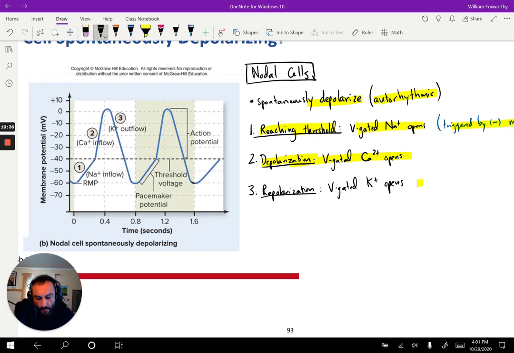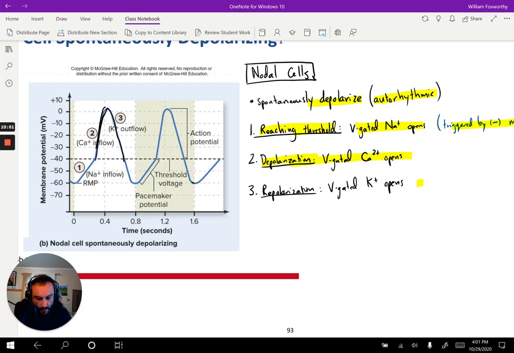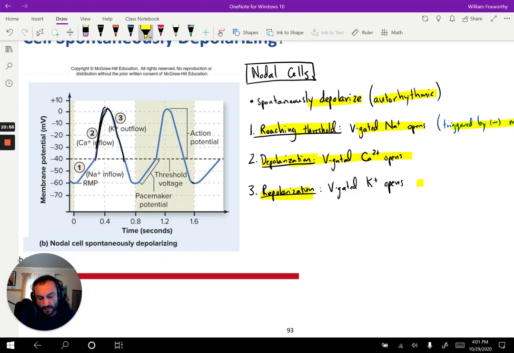At that point, calcium will enter into your nodal cell rapidly, and that makes the depolarization phase of this action potential. Then the voltage-gated potassium channels open up, and that's repolarization. So you can see now that my voltage-gated potassium channels are open, my cell is going to become negative.